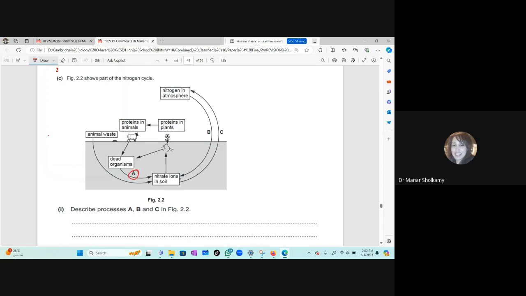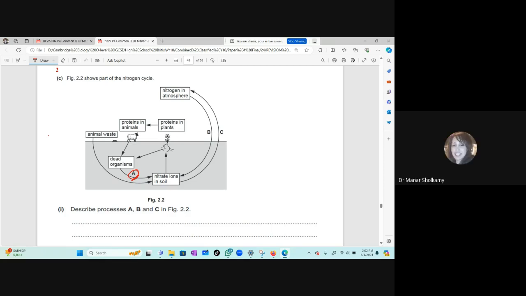You have a dead organism, and then A, and it will be nitrate ions in soil. So what is happening in A? When we have dead organisms, whatever is inside the dead organism will become nitrate ions.